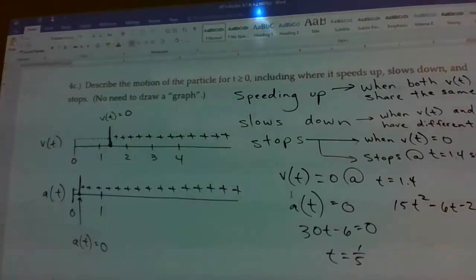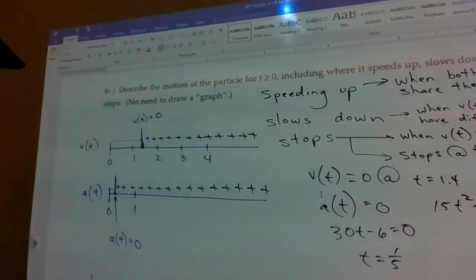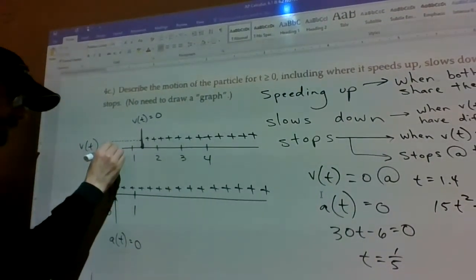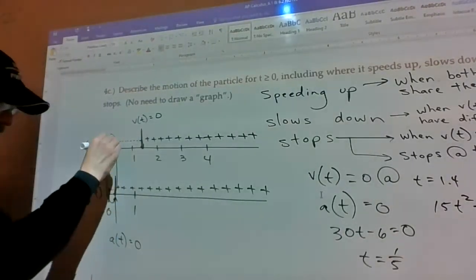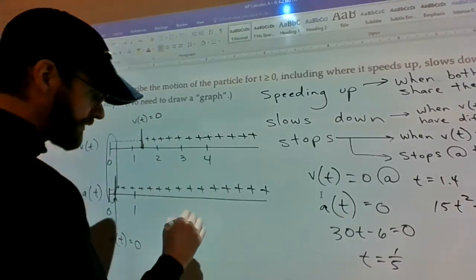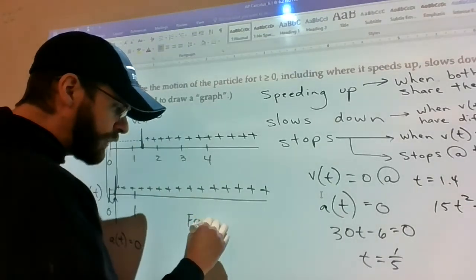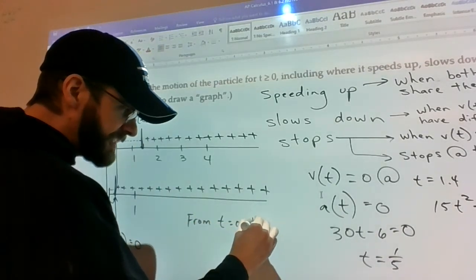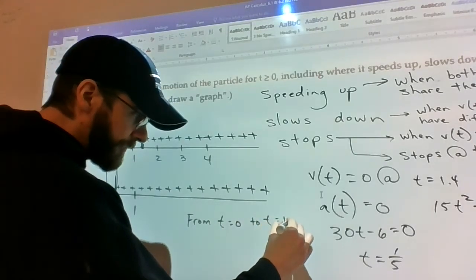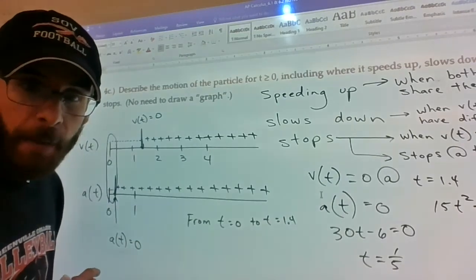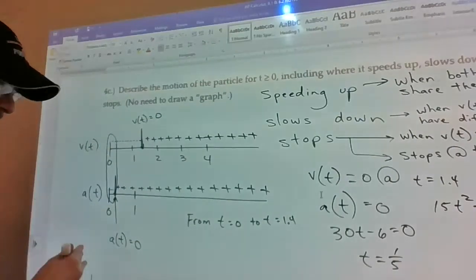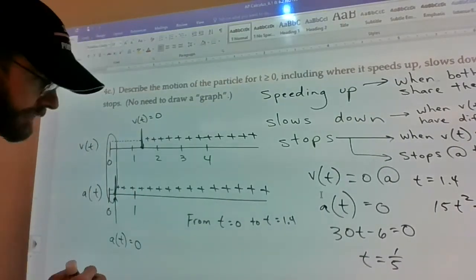So here's how you interpret this situation. From t equals 0 to t equals 1/5, you're speeding up because the velocity and acceleration share direction.